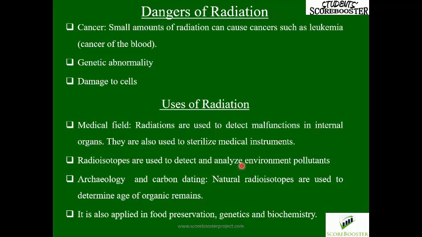It is also applied in food preservation, genetics, and biochemistry. There are many uses of radiation, and it is my aim that after reading this, students will be able to get more and be acquainted with it, because it is connected to Earth, safety and environment.